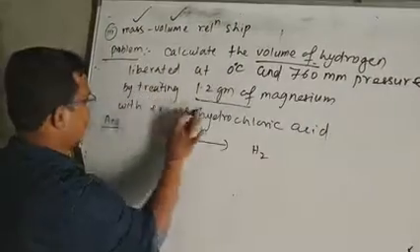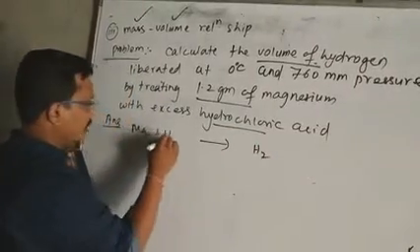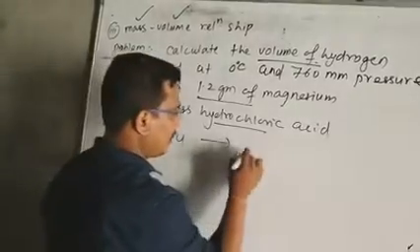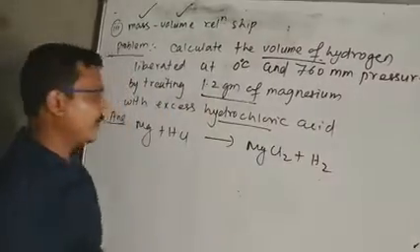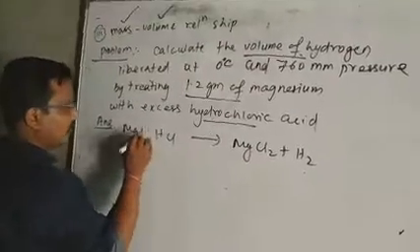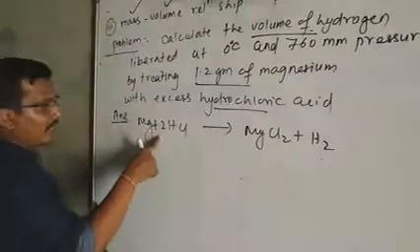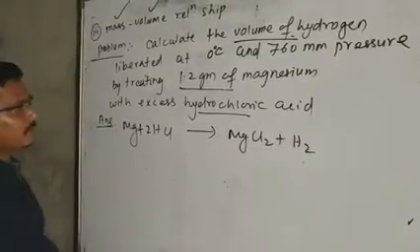Magnesium reacts means it is the reactant side. Hydrochloric acid, that is HCl. That means the equation is Mg plus HCl gives MgCl2 plus H2. If you want to balance the equation, simply we can multiply 2 with the HCl. Then finally we get Mg plus 2HCl gives MgCl2 plus H2.